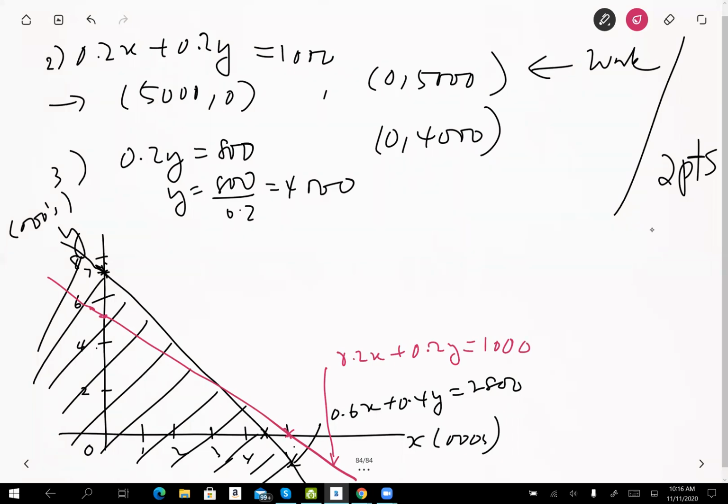And then the other inequality is 0.2y equal to 8,000, or y equal to 4,000. 4,000 is here. Correct? Now, where is the inequality? This inequality is bigger than, all right? So if you do bigger than, it should be the region up there.